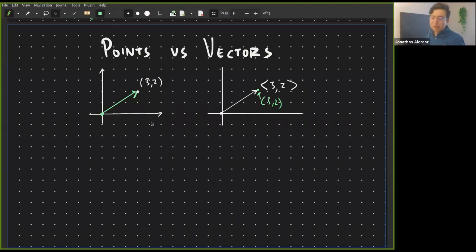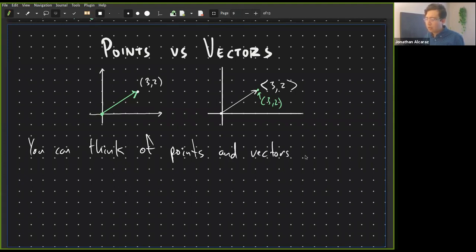So yeah, you can think of points and vectors as the same thing, kind of. I'll put that in quotes.